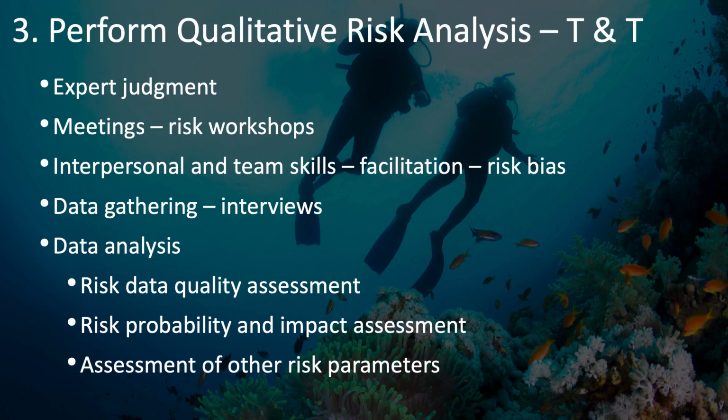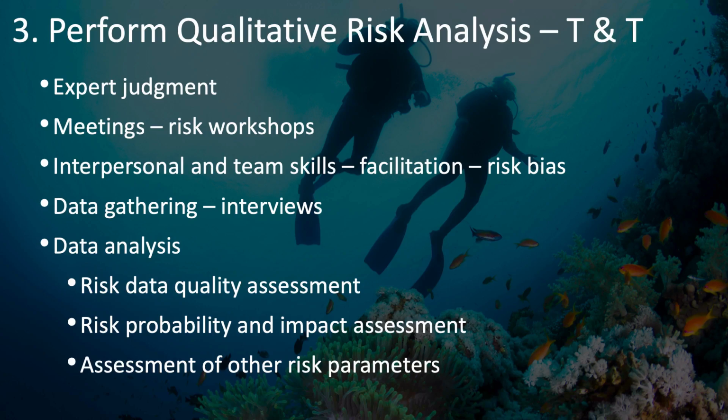And as you hold these workshops, your goal is to go through all of these different identified risks and to make sure that you have a priority assigned by the time you're done, as well as a risk owner.